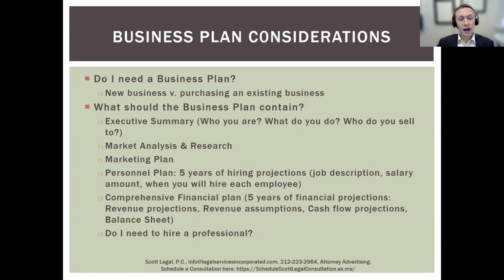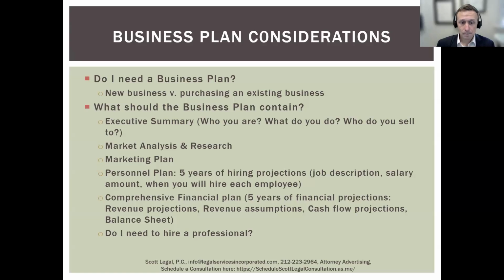This is really key because what the personnel plan is going to show is how many US workers the business will employ in each of the next 5 years after the business starts operations. So for each of those roles, you'll want to show what the job title is, what the job duties are for that job title, how much the person is expected to be paid, and when they'll be employed. And again, at the end of the day, what the business needs to accomplish is at least 3 full-time equivalent US workers within 5 years of starting operations.